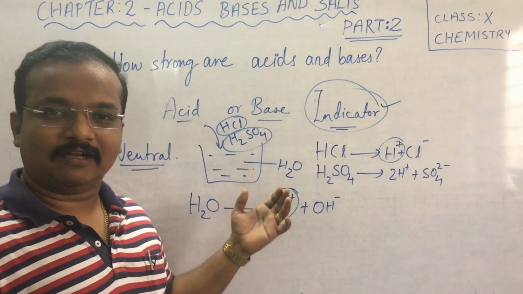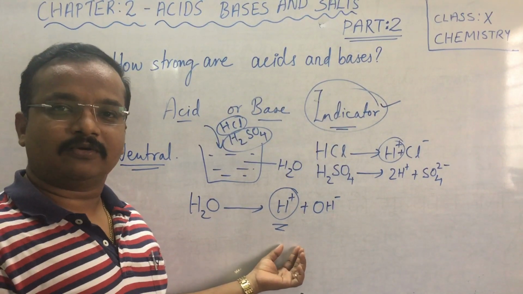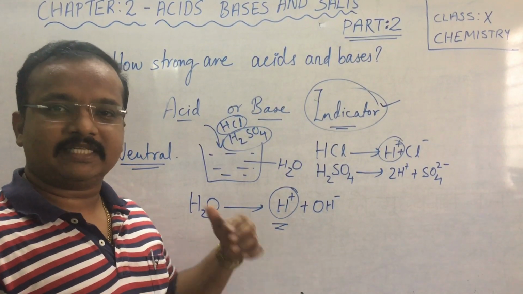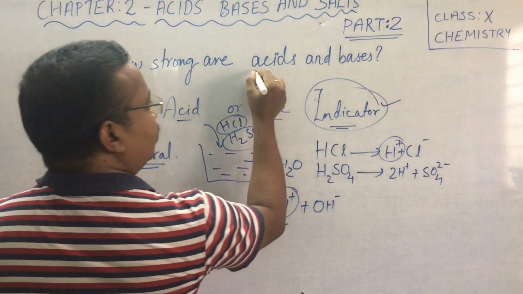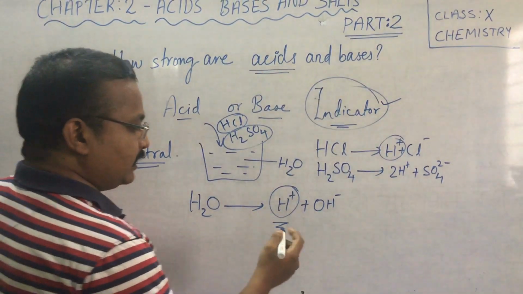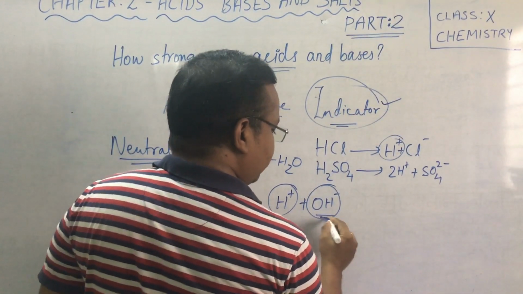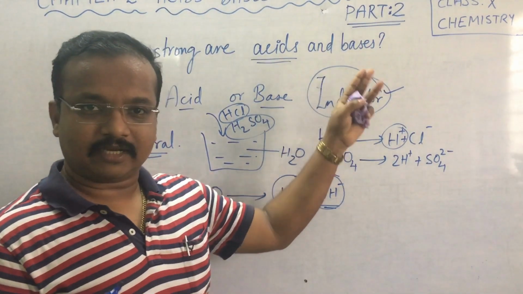What we have learned so far is, if H positive ions are present in a solution in more quantity, that substance will become acid rather than base. If OH minus ions are present more in quantity, that will become a base, correct?